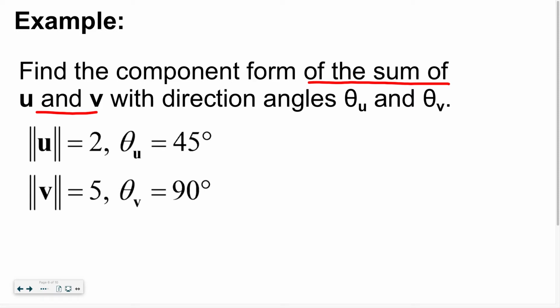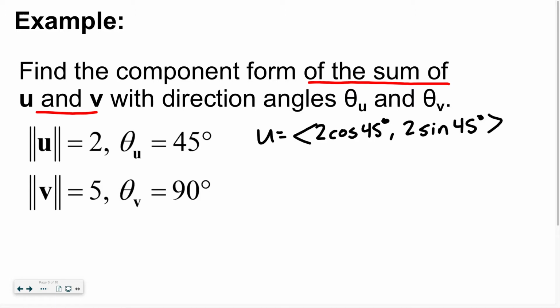When we're adding u plus v, don't we add the horizontal components plus the vertical components? So what I would do for a problem like this is write each one in component form. Just like we had done, u equals 2 cosine 45 and 2 sine 45, which I know the cosine and sine of 45 are square root 2 over 2.